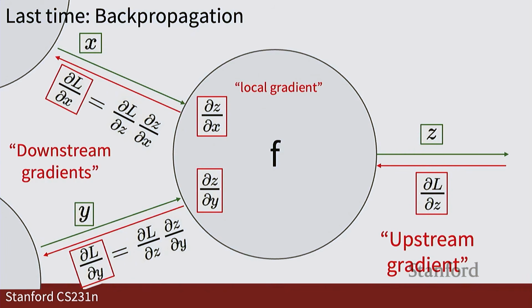We just need to be able to define these little nodes inside of our computational graph that on the forward pass know how to compute outputs from their inputs, and then on the backwards pass can receive gradients coming upstream. It doesn't have to care where those gradients come from, what was causing those gradients to happen, and I just need to compute downstream gradients with respect to my inputs given my upstream gradients.